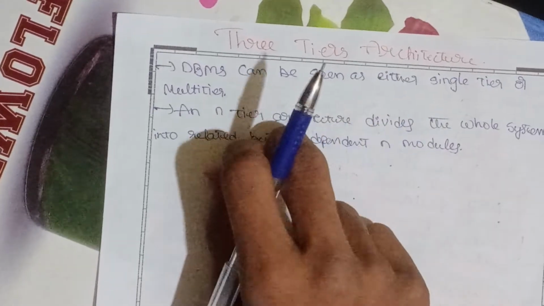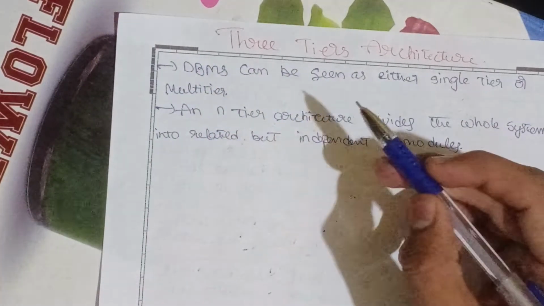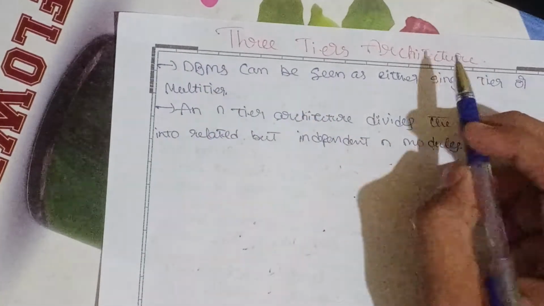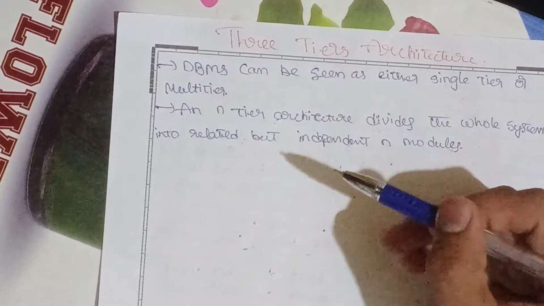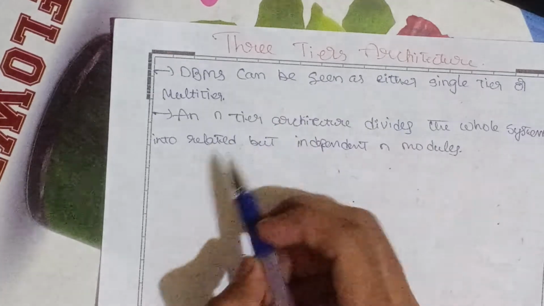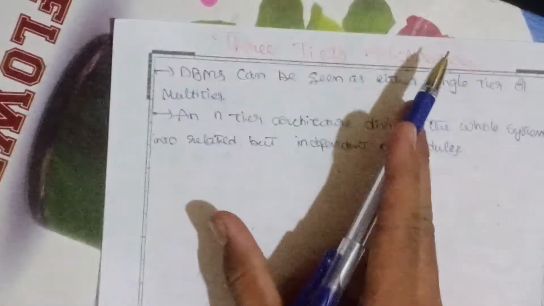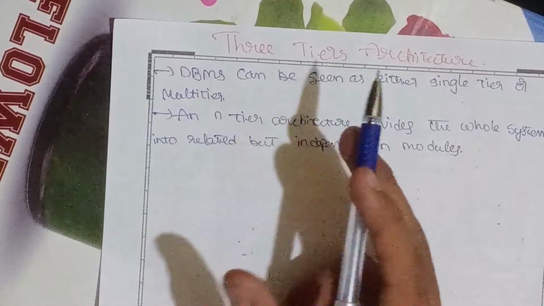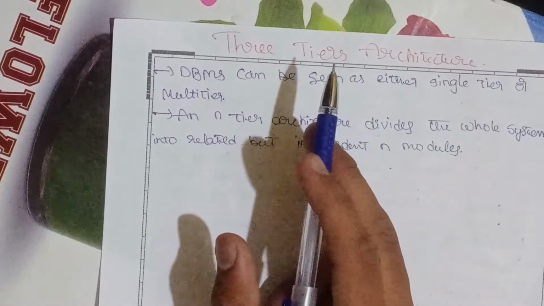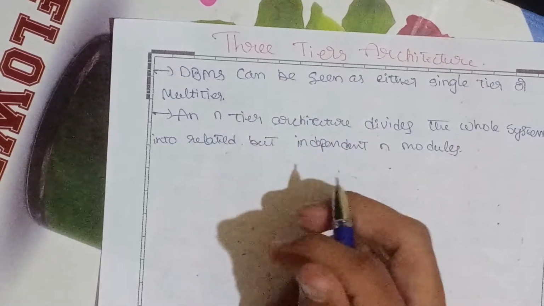But independent modules means whatever modifications are done in one level do not affect the upper level. So the database management system always follows this architecture and divides the whole system into related but independent modules, which can be independently modified, changed or replaced.